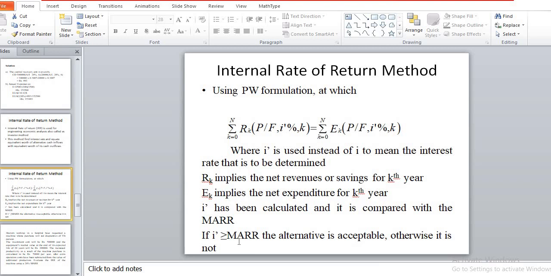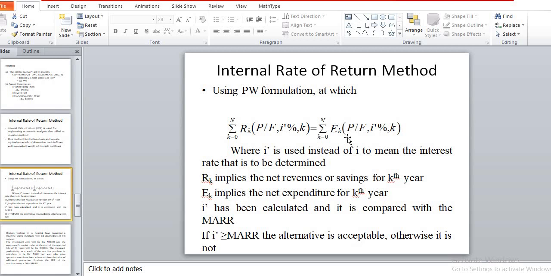Or equate the cash outflow and cash inflow, and find the interest rate I dash for which they are equal. In other words, when we move all these terms to one side, the right hand side becomes 0.